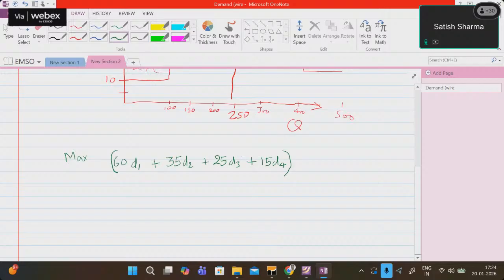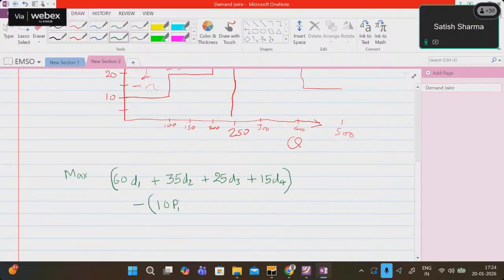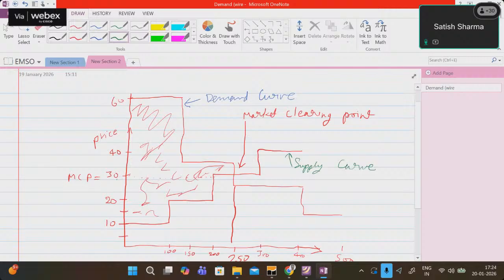Now we have to subtract the cost. The cost of production is basically from the generator side. The prices were 10, and we don't know whether they have scheduled, or are willing to produce, 100 megawatt. We don't know how much they will be producing. If you see here, generator 1, how much will generator 1 produce?